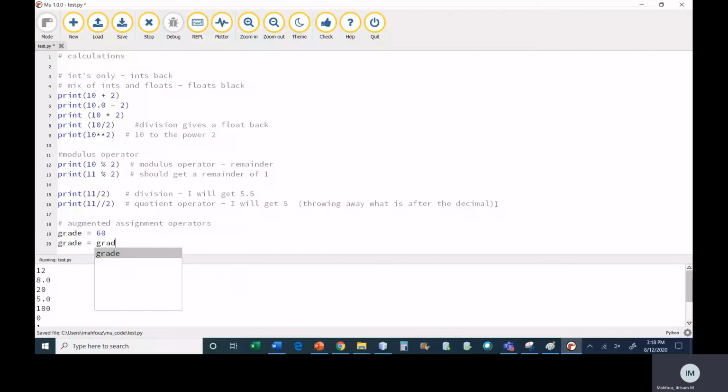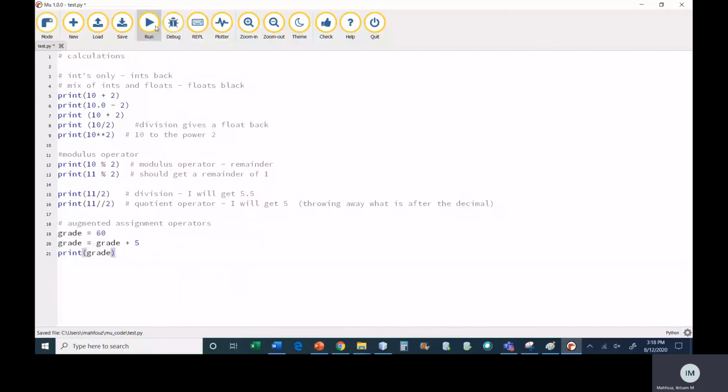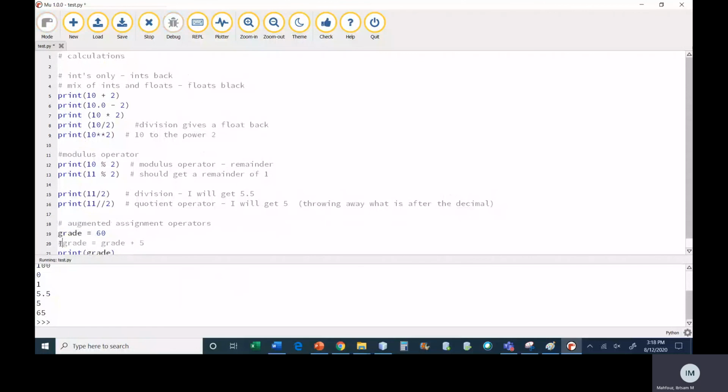So instead of saying grade equal to grade plus 5, I'm saying, get me the grade and add 5 to it, and let's print it. Let's make sure that it's now 65. It is. Well, instead of doing that, what I can do is I can say grade plus equal 5. Okay, and this is going to do the same thing. It's going to change it to be 65.